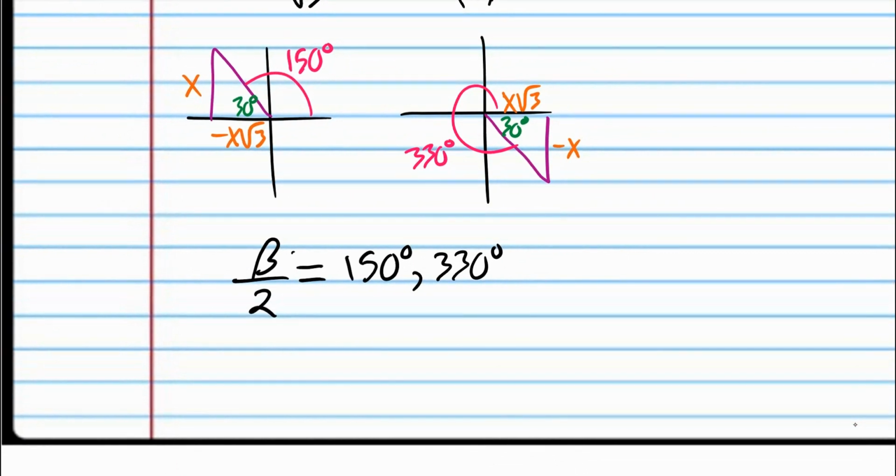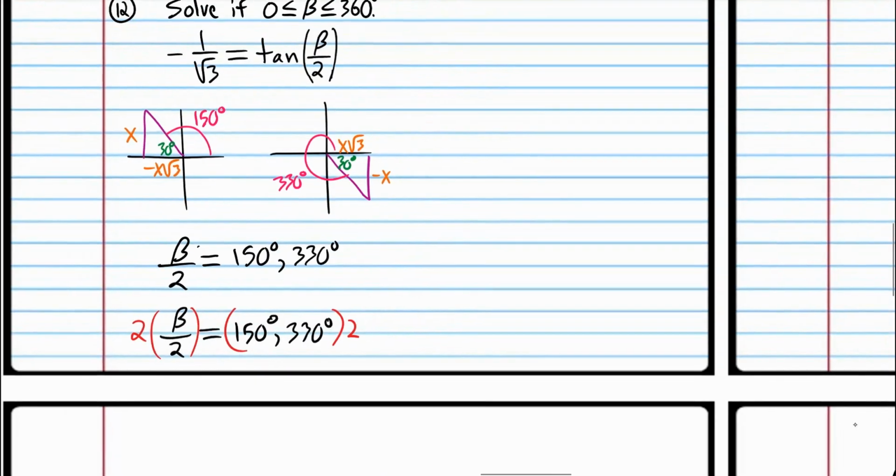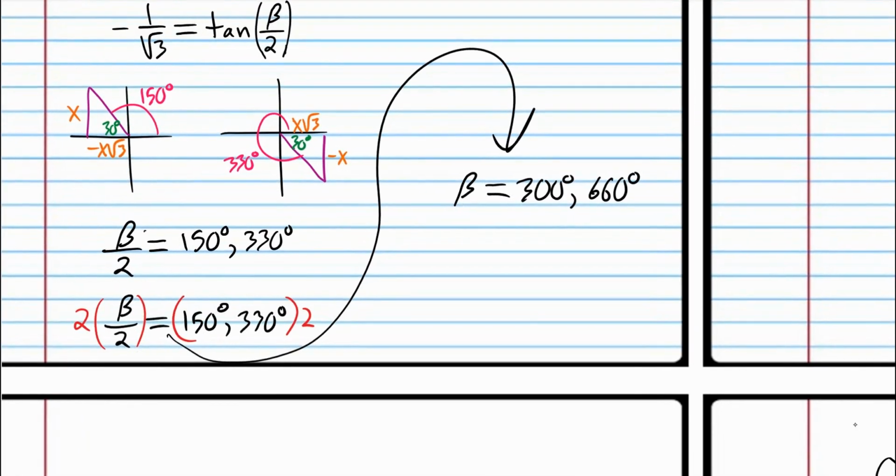And I'm going to rewrite and multiply both sides by 2 because we want beta. And so beta is equal to 300 degrees and 660 degrees, but you can see that 660 degrees is too big.